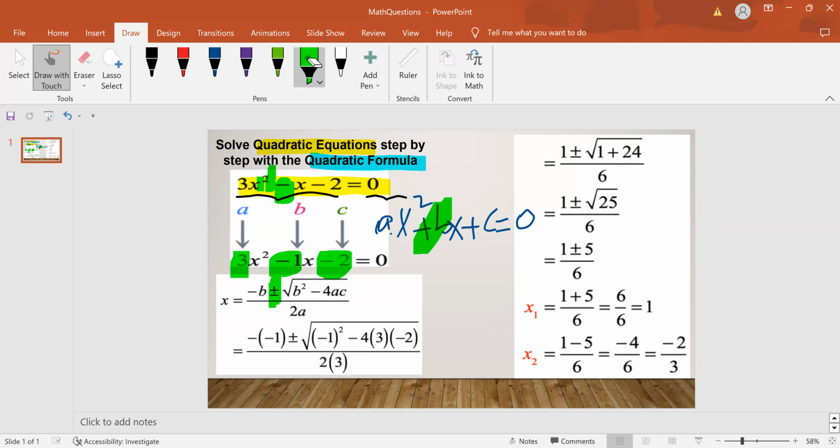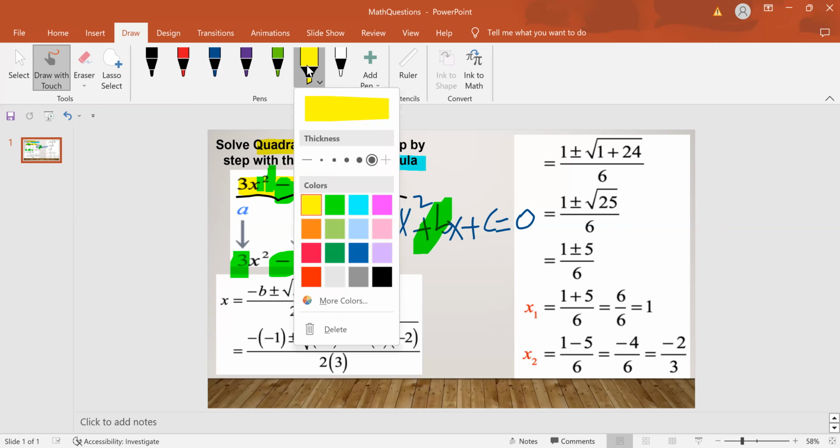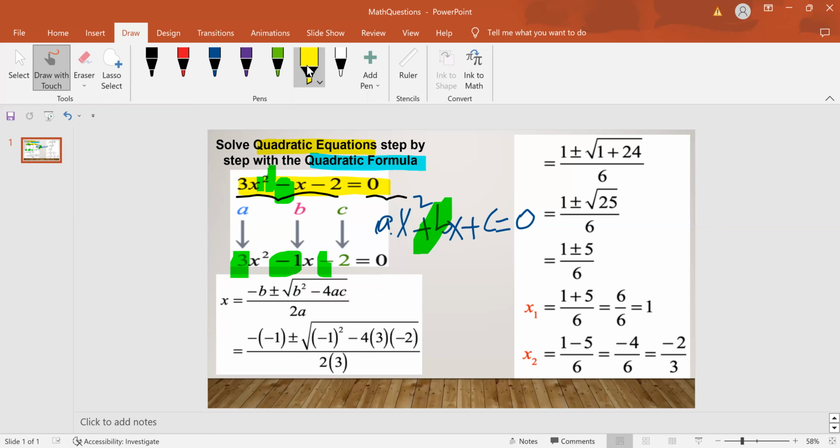To continue, after we have a, b, and c, it's time to plug in. To avoid mistakes, it's very important to use parentheses. That's why you see the b value in parentheses. There is another thing you have to understand here.